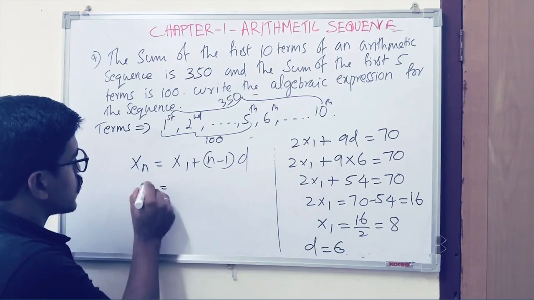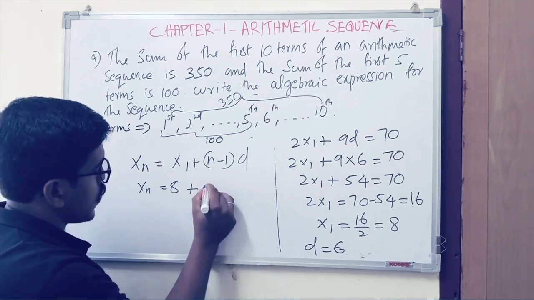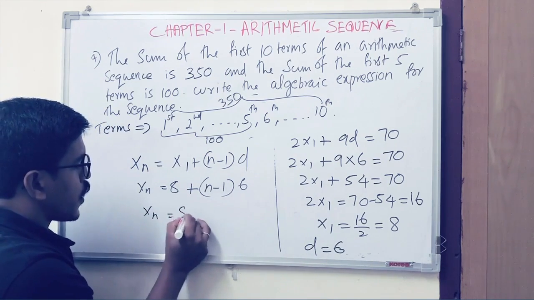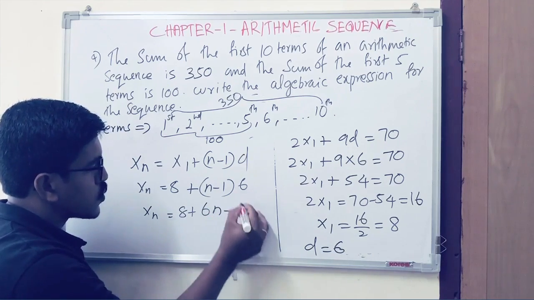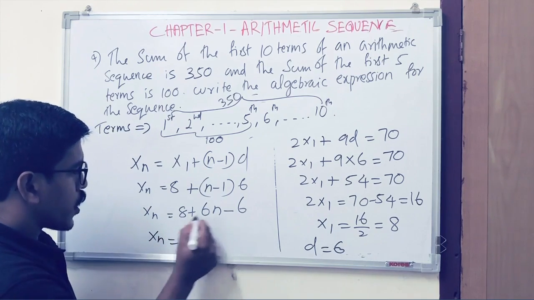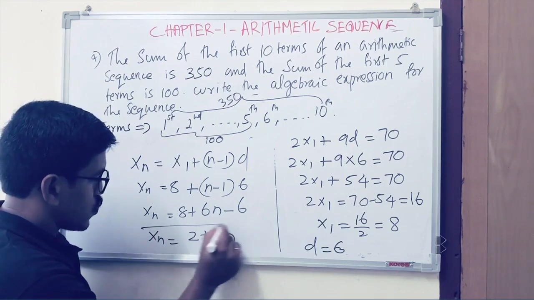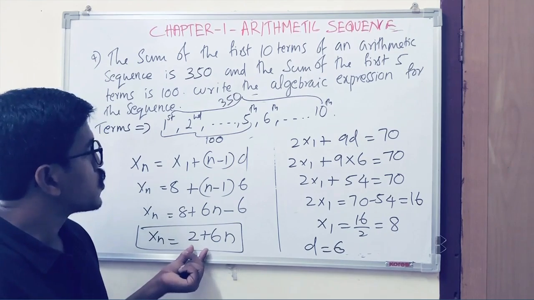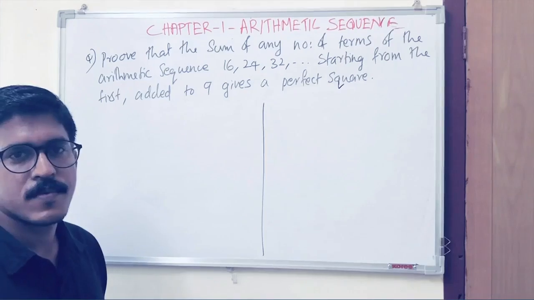That is, xn is equal to 8 plus (n minus 1) into 6, which is 8 plus 6n minus 6. So xn is equal to 8 minus 6, which is 2, plus 6n. This is our nth term, or the algebraic expression of this arithmetic sequence.